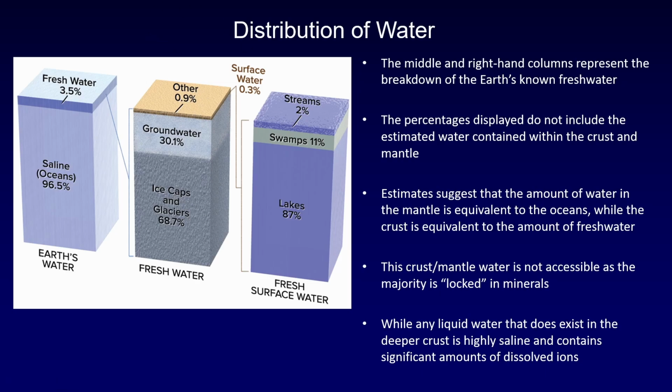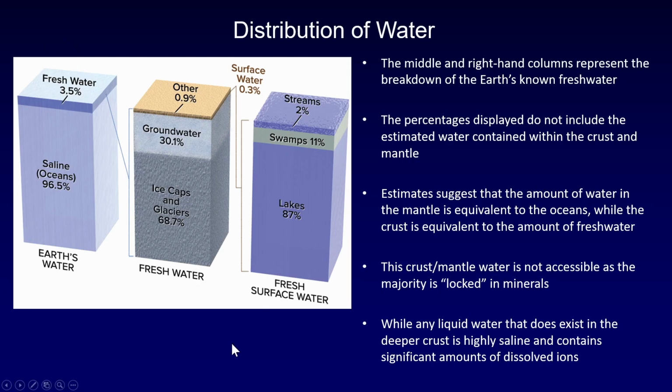So in terms of the columns themselves, the middle and the right-hand columns represent the breakdown of fresh water. The percentages displayed do not include the estimated water contained in the crust and mantle. So, as mentioned in the previous slide, the amount of water that might be contained in the Earth's mantle and crust is equivalent to the amount of water in this column right here, with about the same amount of water as in the oceans being in the mantle, and approximately the same amount of water which occurs as fresh water occurring in the crust.